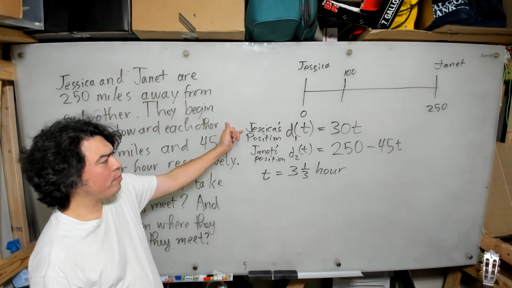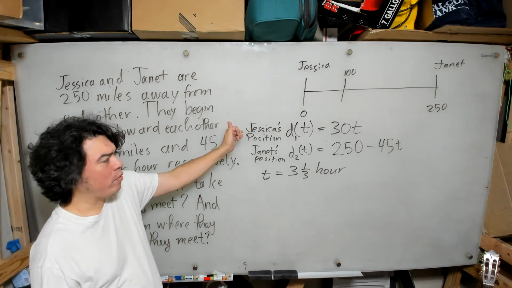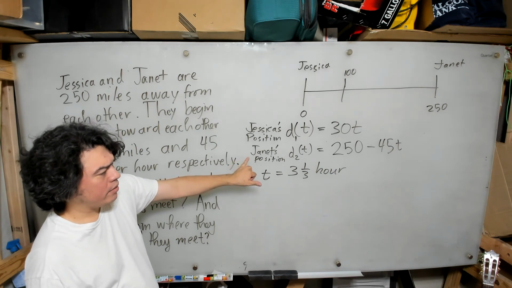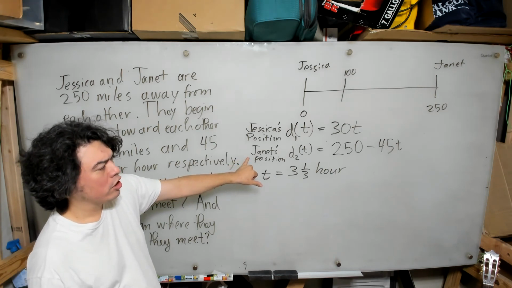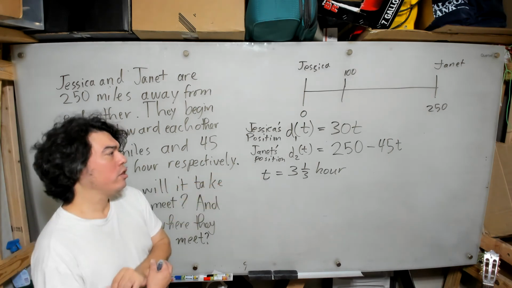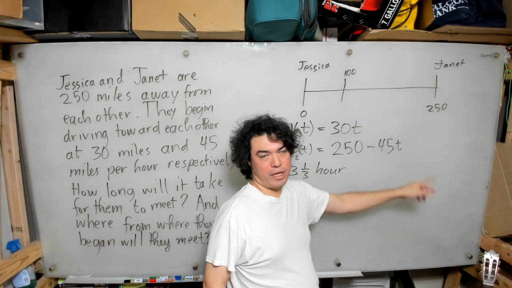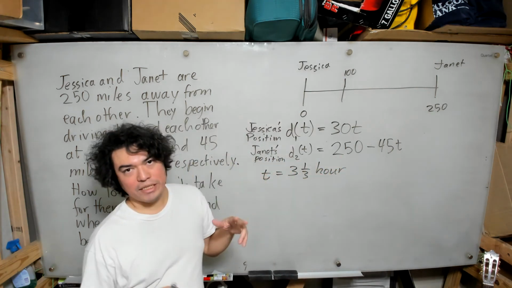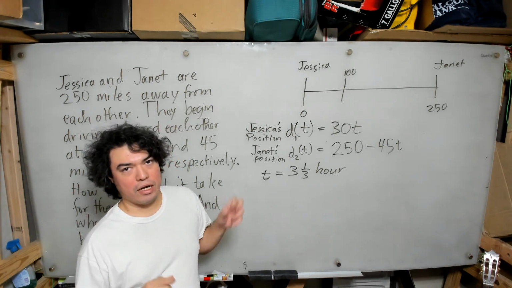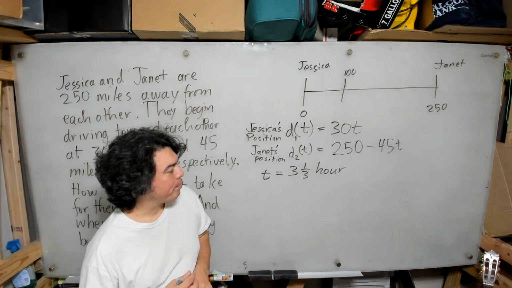This is a line in slope intercept form with a slope of 30 and with y-intercept 0. This is a line with a slope of negative 45 and with y-intercept 250. The slope is negative 45 because that's the coefficient of the, in this case, t, but basically the independent variable, what would have been the x in a normal equation, right?